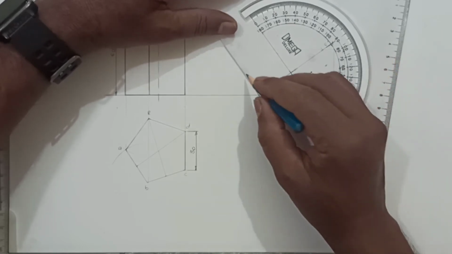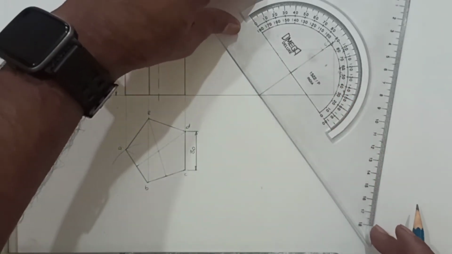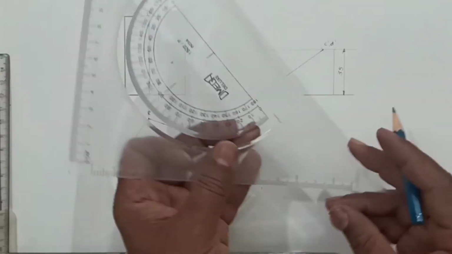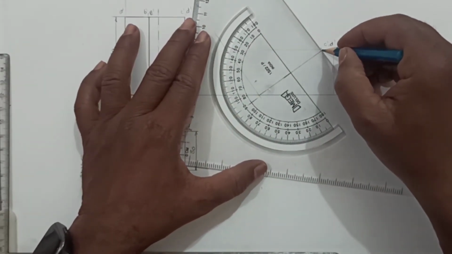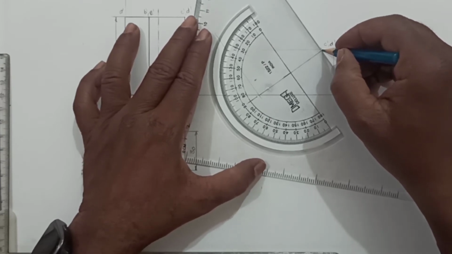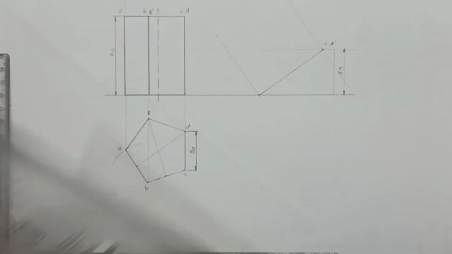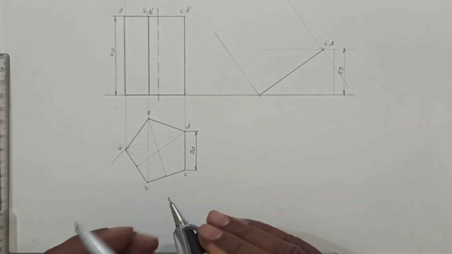Now coincide this edge here and draw this line, so that we will get the line at 90 degree. Again align this set square edge and draw this another line. Thus we will get the line at 90 degree. Now take this distance in compass.